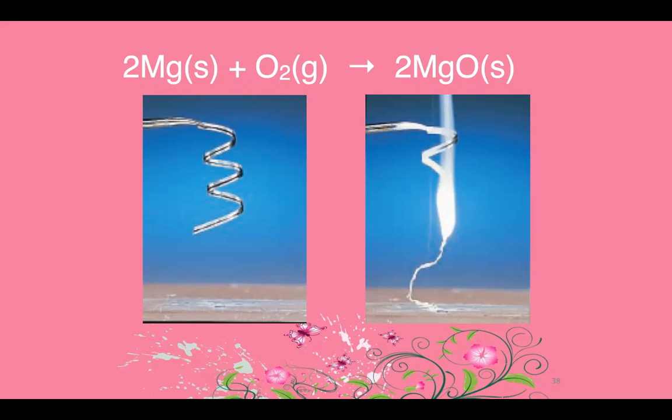So if I write out, and this is why at the beginning of the chapter, we practice a little bit translating word equations into formula equations: solid magnesium metal burns to form solid magnesium oxide. Sorry about the colors, they're a strain on the eyes.